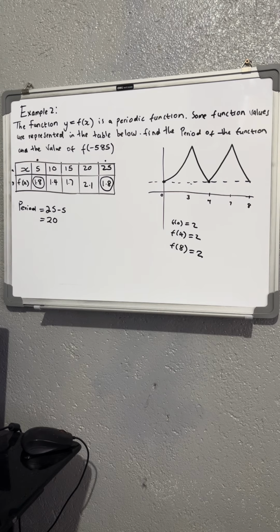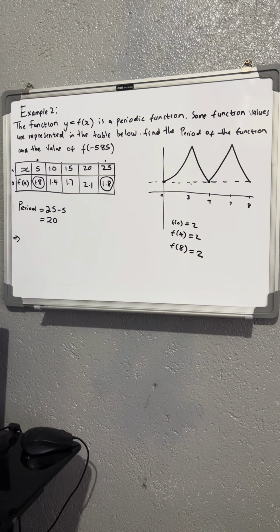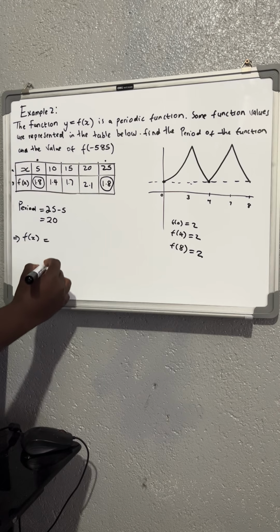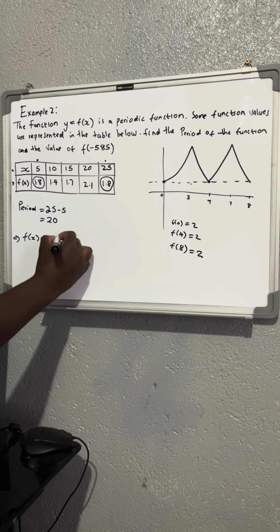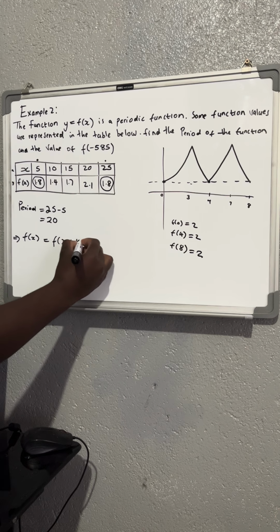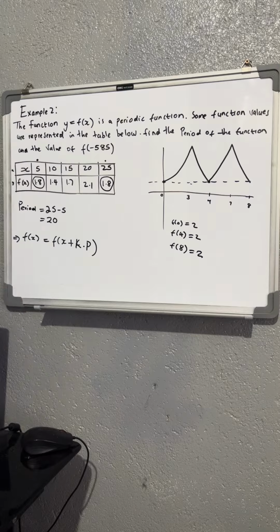So normally on this one, you would see that you would use a formula that looks like this. They would tell you that f of x is equal to f of x plus k times p. So yeah, we also have to explain this one.